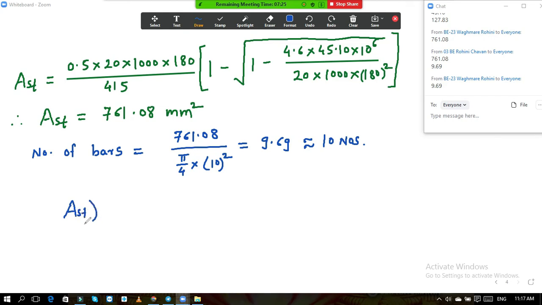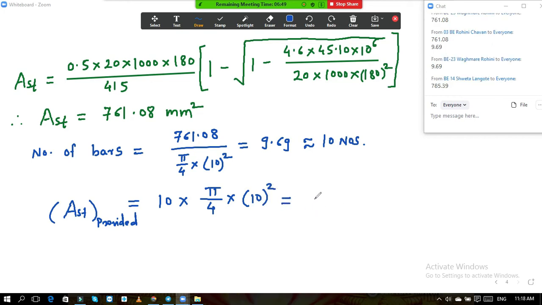What we are going to provide? Ast provided is equal to 10 into pi by 4 into 10 square. Diameter is 10 and 10 bars are required. So how much is it? 785.39. 785.36, okay, one and the same thing, it doesn't matter.